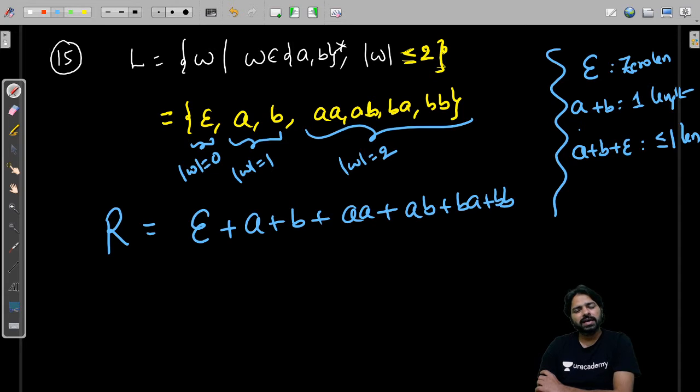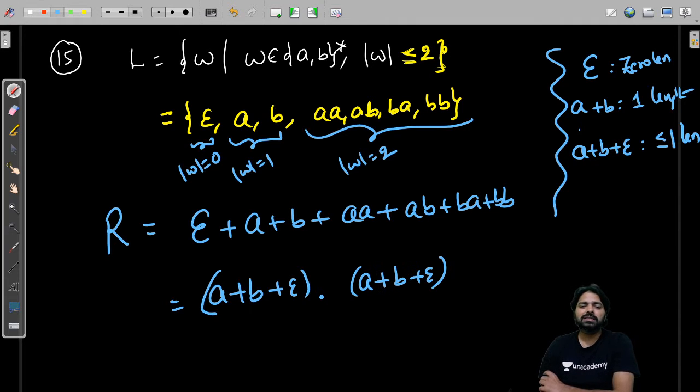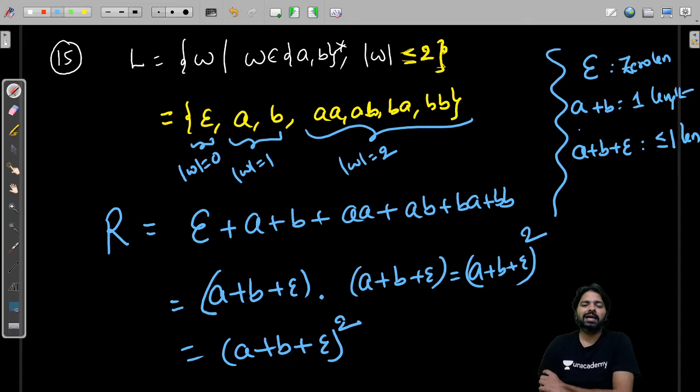If you want at most 1 length followed by at most 1 length, what happens? This is going to be A plus B plus epsilon whole square. So you can easily represent directly A plus B plus epsilon whole square, which will guarantee at most 2 length.